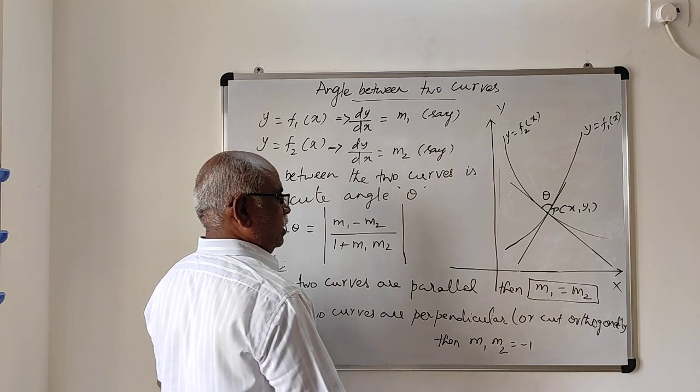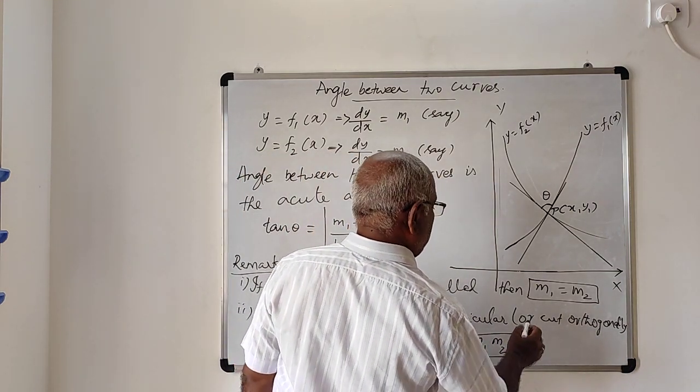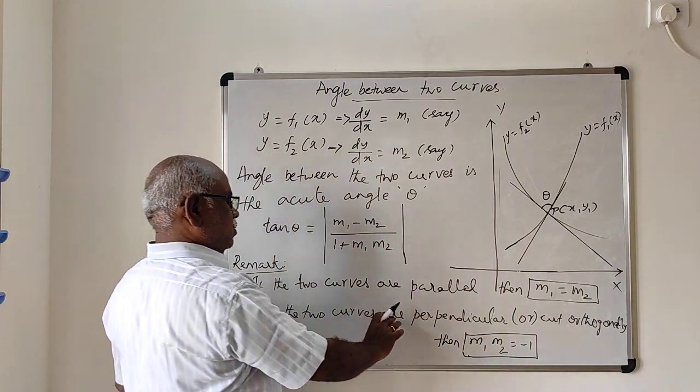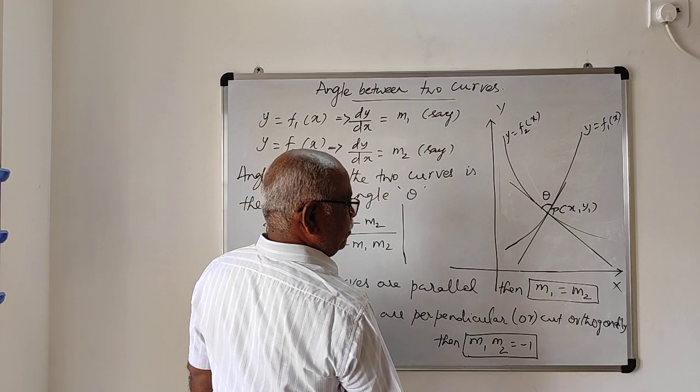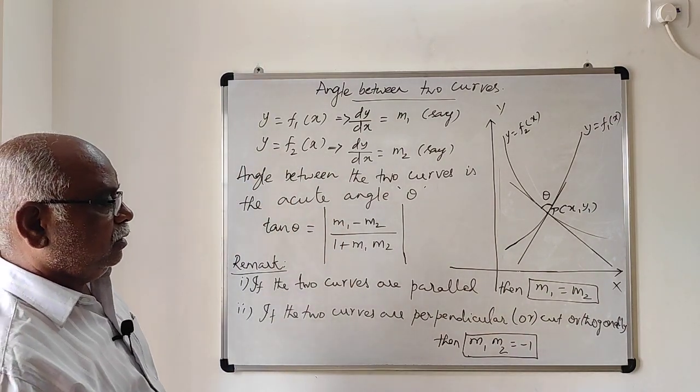If the two curves are parallel, then the slopes are equal.